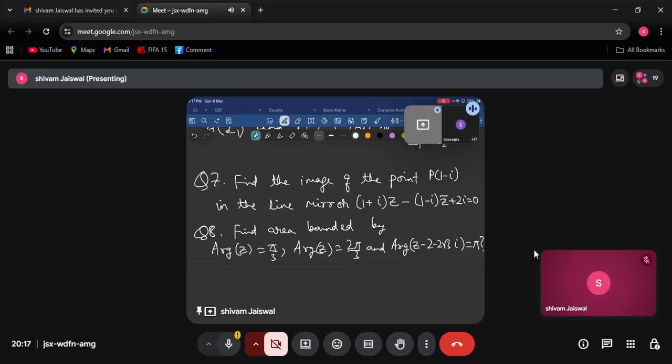After converting it into the Cartesian form, you can easily find out the mirror image. Okay, the point is 1 comma minus 1. Others are also solving. Oh, no, the image is something else.